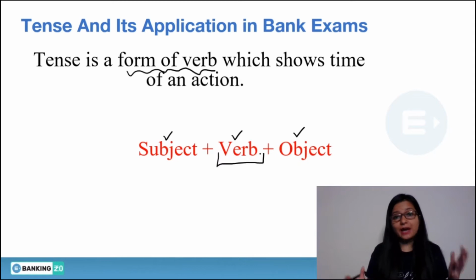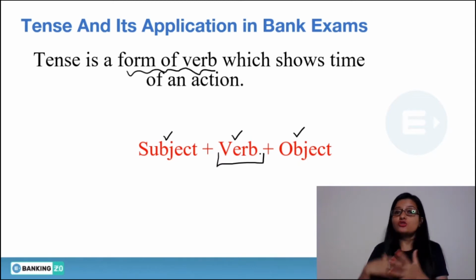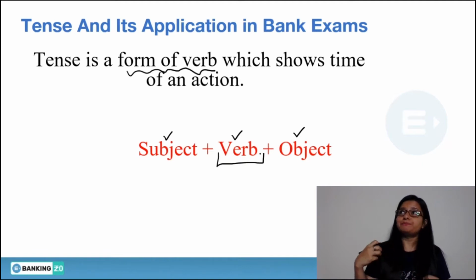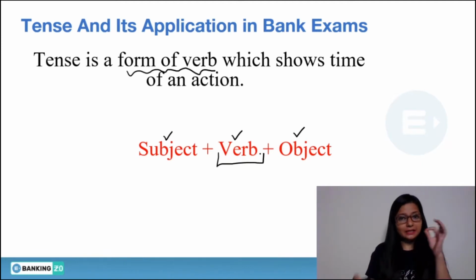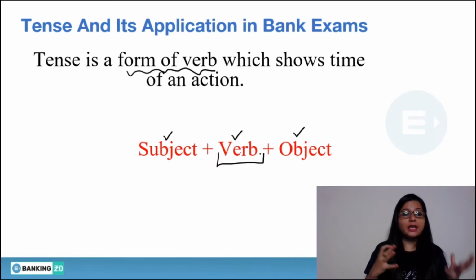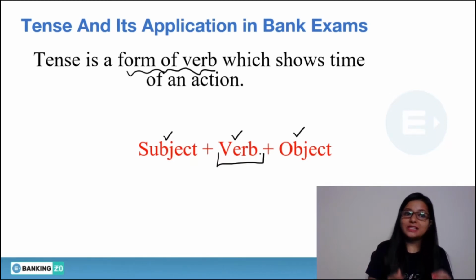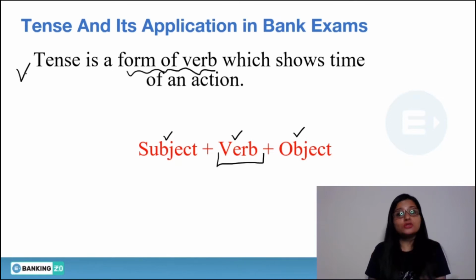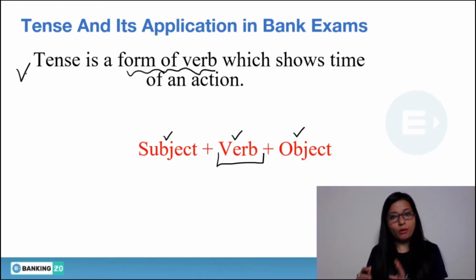But if I say I will eat an apple tomorrow, or on Monday, then will with V1 is showing an action of future. Every time you change the time, you will see a change in your verb. So this is the function of a tense. It shows you the time of an action with the help of forms of verb.